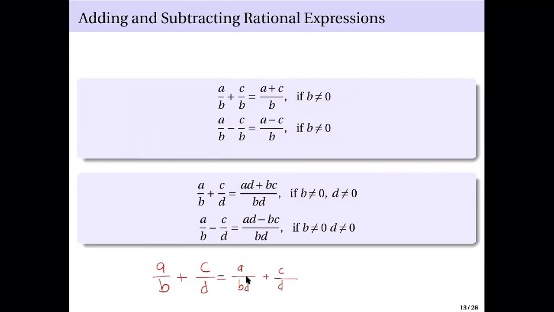Okay? But if we put a D on this denominator, you have to put a D in the numerator, so you are not changing the original expression A over B. So I placed D here, and I have to put D also in here.